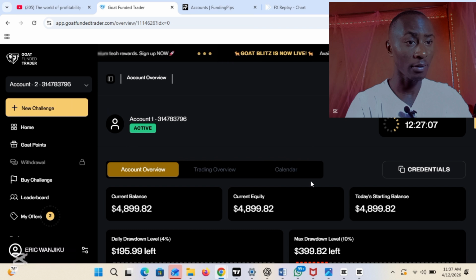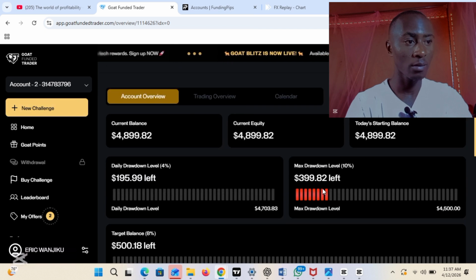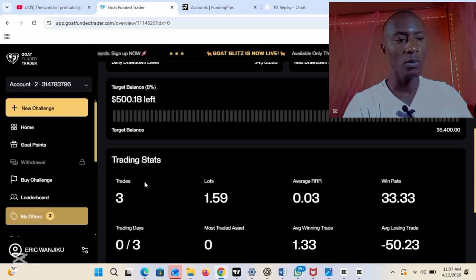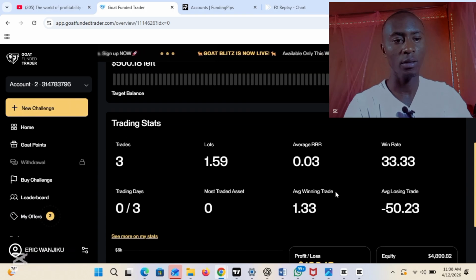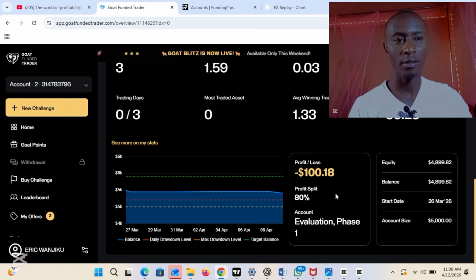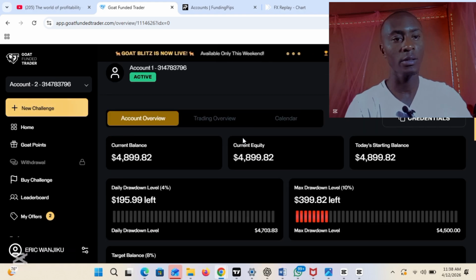In this account I've had about how many trades? About 3 trades. So 3 trades, it has already recorded here. The first trade was a loss, the second trade was a break even, and the third trade was a loss. It's a 5k account. I'm going to go through the breakdown of those trades.